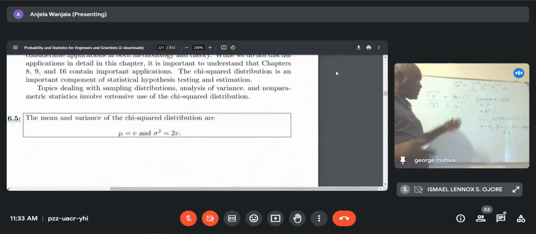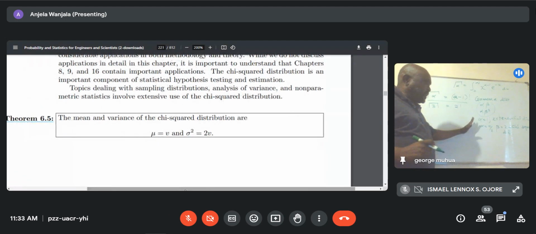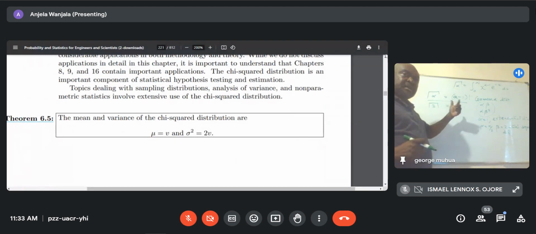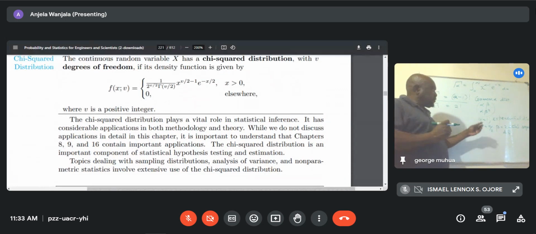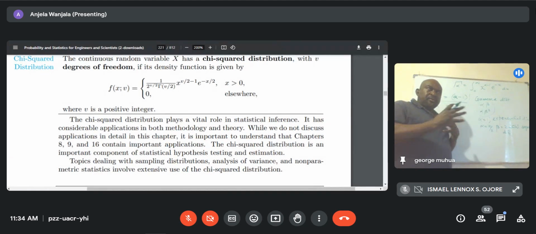But you must, when you are going through that area, just appreciate that these are special cases of the gamma distribution, and they can help us solve various problems. We will come to that when we are determining the probability of the lifespan of an item.